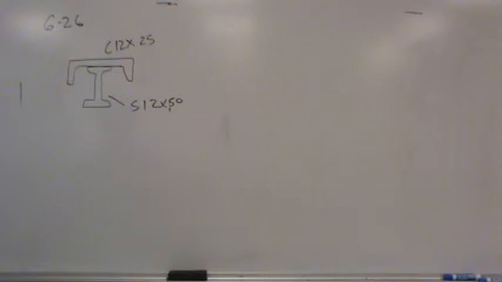Now, looking at the designation, the S12 by 50, you think that's metric or English? It's metric. That's right. So let's see. S12 by 50. Wait a second. Oh, maybe it's not. It's in English. It is English. Yeah, that is English.